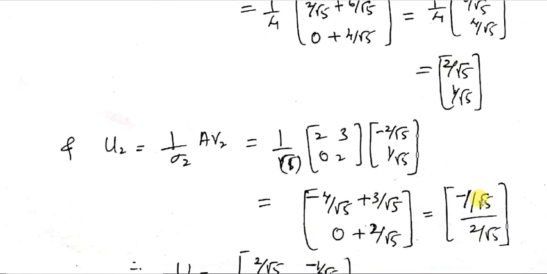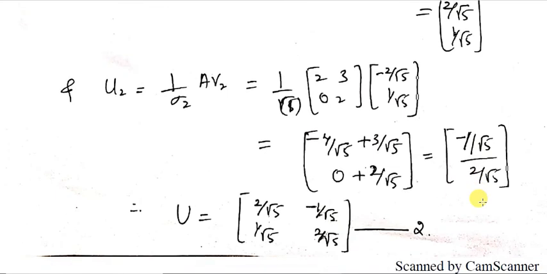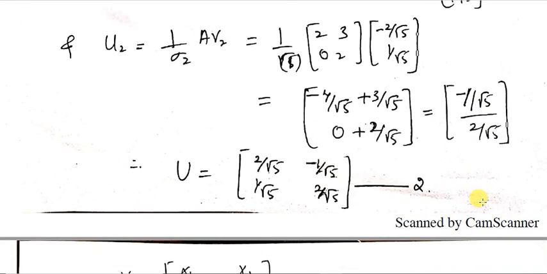Similarly, simplifying u2 by substituting 1 by sigma 2 A v2, we get again a column vector (minus 1 by root 5, 2 by root 5). So, substituting u1 and u2 in U, we get the matrix U as [2 by root 5, minus 1 by root 5; 1 by root 5, 2 by root 5].